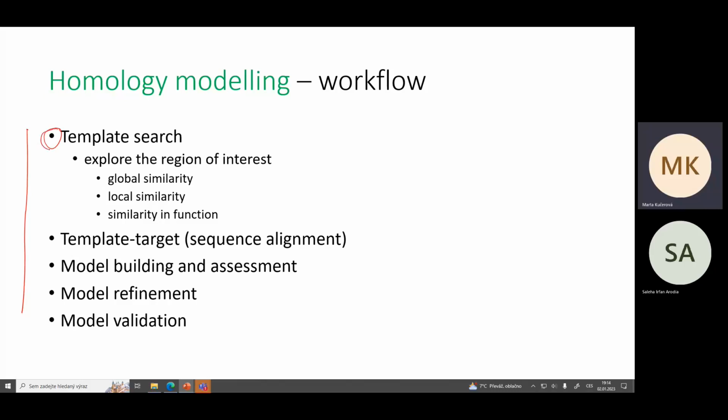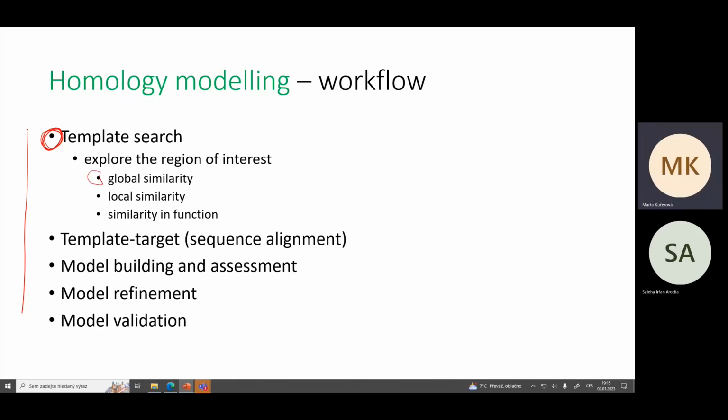So we have to find a protein similar in amino acid sequence and also in structure.